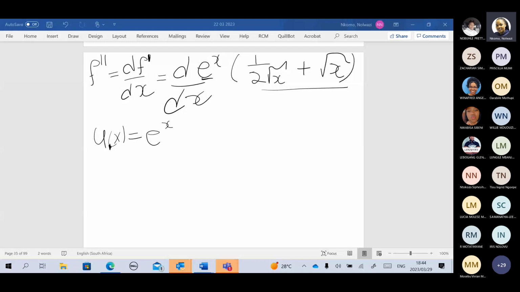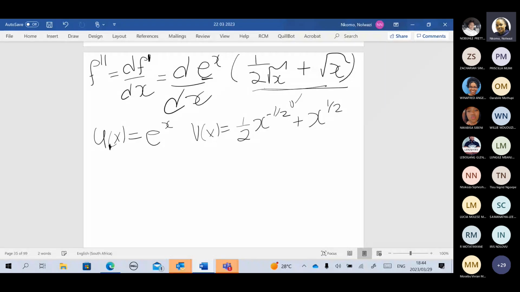Again, I let the first function be u, and then the second function be v. And this is 1 over 2 x to the power minus half plus x to the power a half, right? This is the same thing, this and this, right?